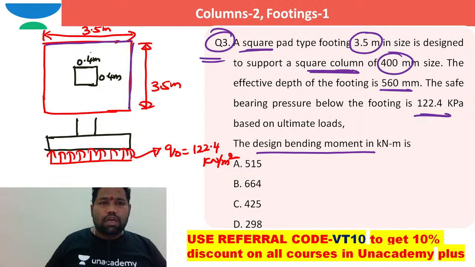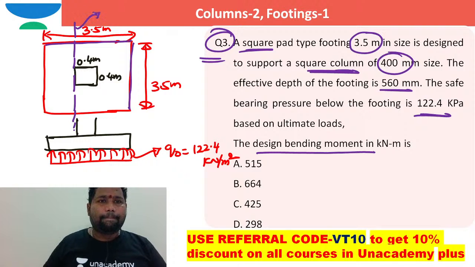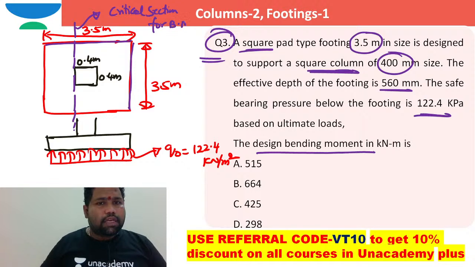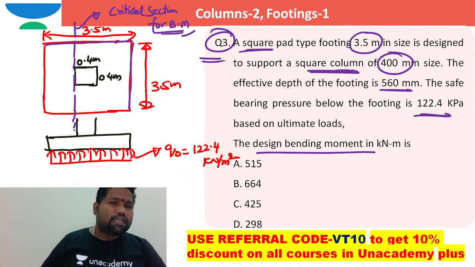Let us suppose I take the critical section for bending moment at this one. This is the critical section for bending moment. The critical section for bending moment is always existing at the face of the column. Now, how can we work out this bending moment here?